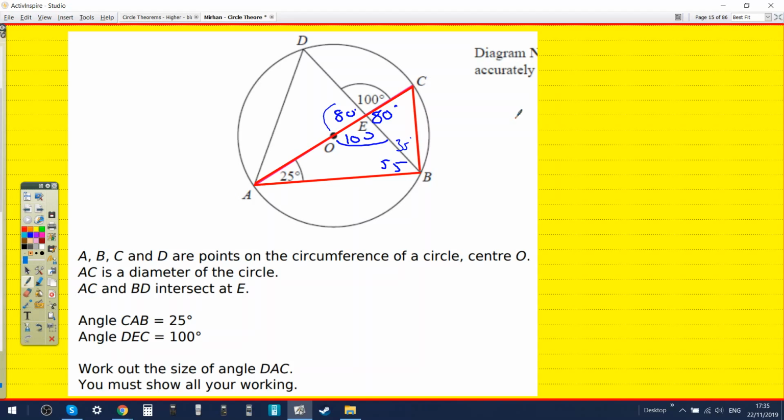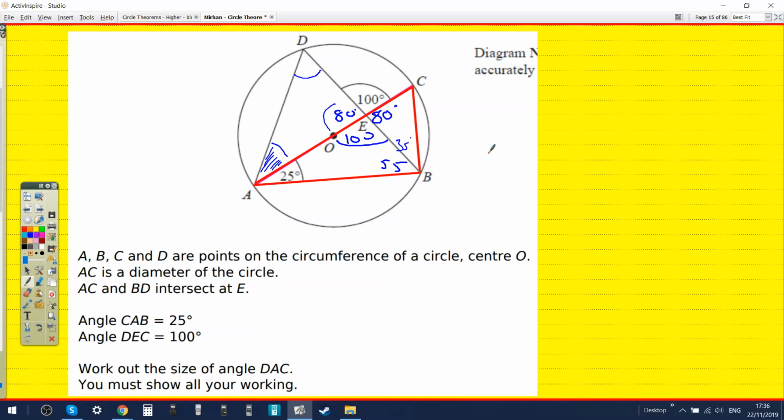Sorry, what angle am I trying to find now? D? So eventually you're trying to find this one, but you're saying you'll need this to get it. And is there any way you can use 35 to fill in a blank?